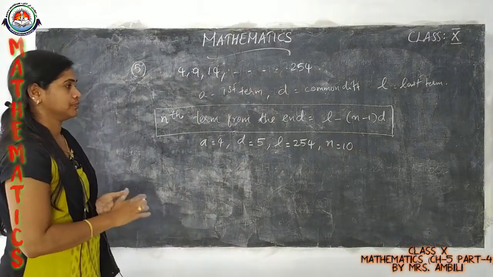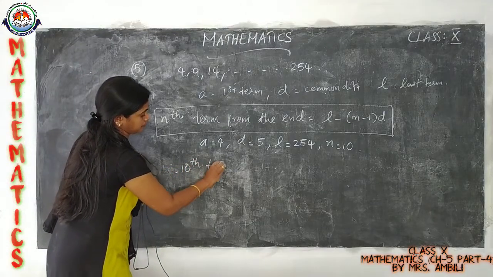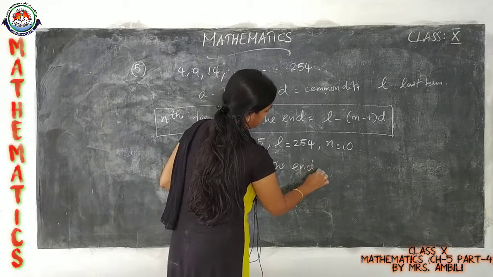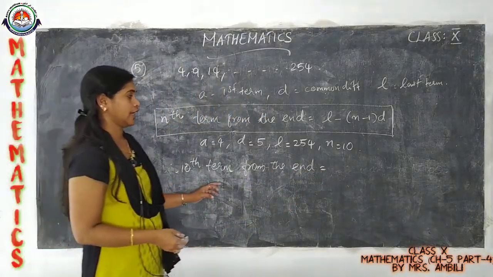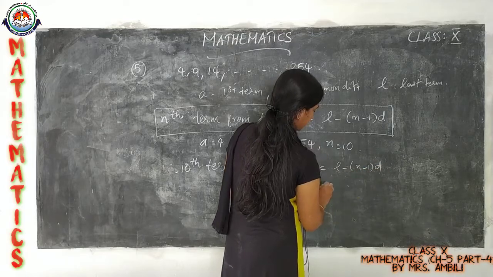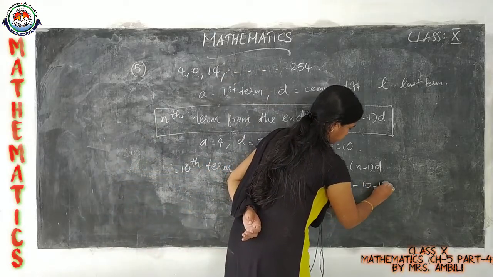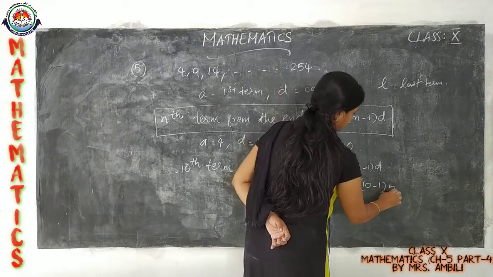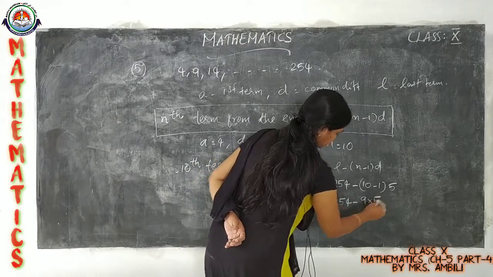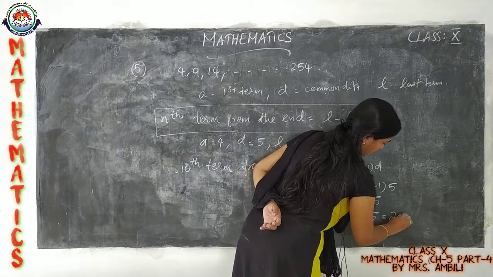These are all given. So we need to find the nth term. Therefore, the 10th term from the end equal to L minus (n minus 1) into D, that is 254 minus, what is n minus 1? 10 minus 1, into D. D is 5, so we write 254 minus 9 into 5. 254 minus 45 equal to 209.